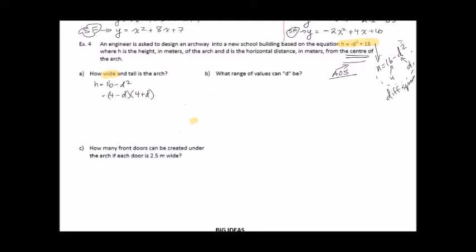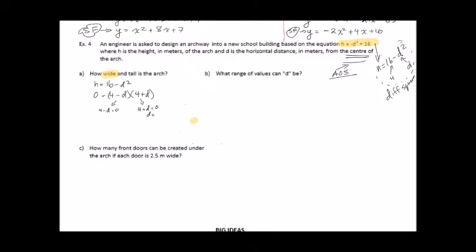So when we have this parabola, it says, how wide and tall is the arch? Well, if I end up with H is equal to this, what I could do is literally set that equal to 0 to find how wide it is by solving for D. In this case, my D intercepts are 4 minus D is equal to 0, and the other one is 4 plus D is equal to 0.